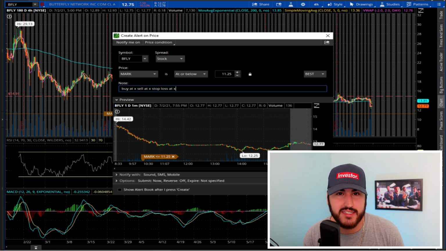So that way you can execute the trade and you don't have to spend all that additional time reevaluating the stock. But before you buy, definitely check the news, definitely do some due diligence so that you are not trying to catch a falling knife off of some news event that completely changes the story for the stock.